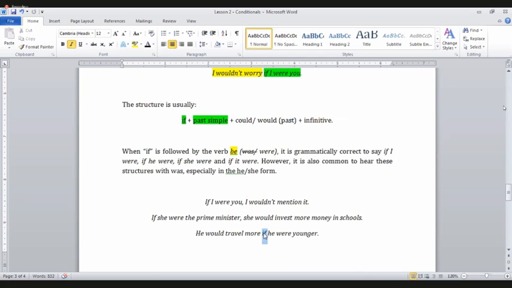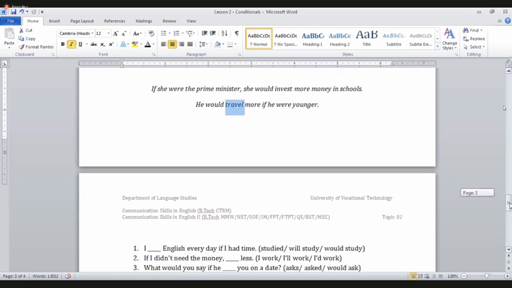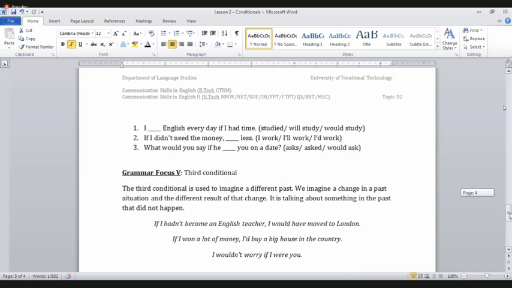So we have if, then the subject, then the simple past form of be verb were, and in the main clause we have he, the subject, would plus travel, the infinitive form. Okay, so this is all about second conditional. Can you two quickly do these 3 sentences?